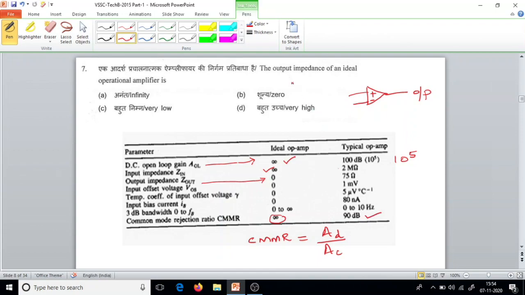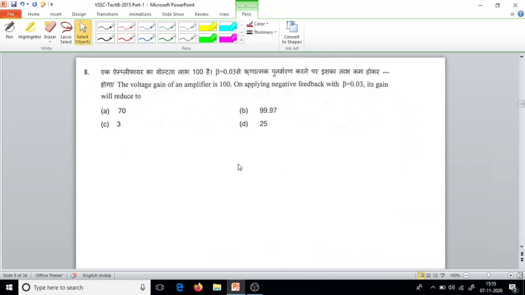So the question is, the output impedance of an ideal operational amplifier is. Output impedance is very low, not very low, it is 0. See, take care of very low and 0, it is 0 ideally, but if it was a practical op-amp, the answer is very low.